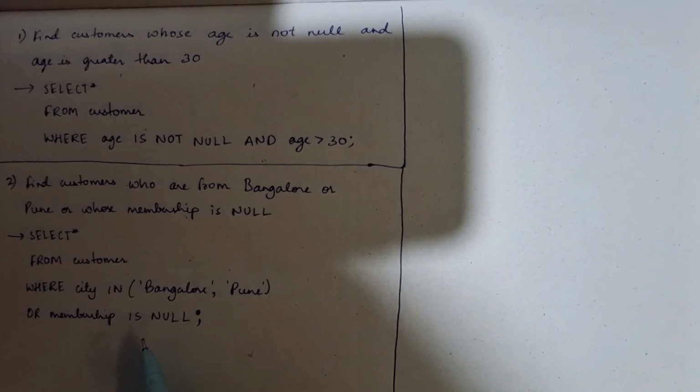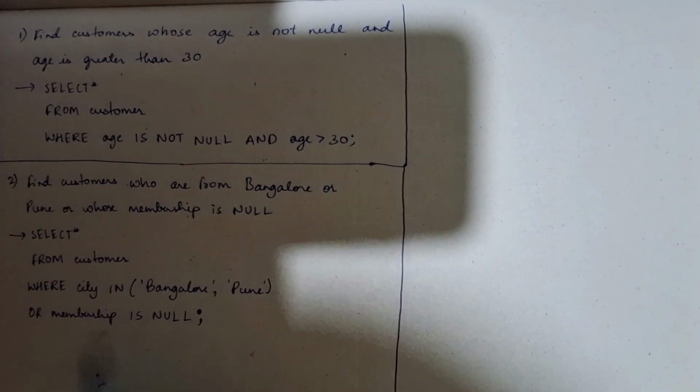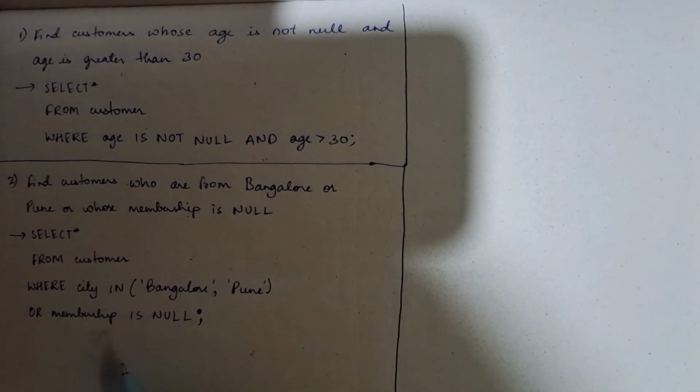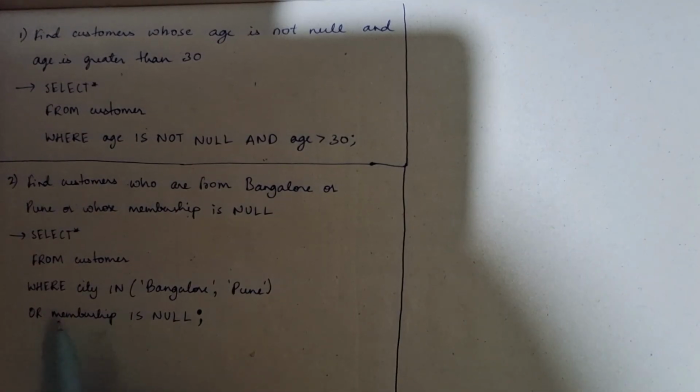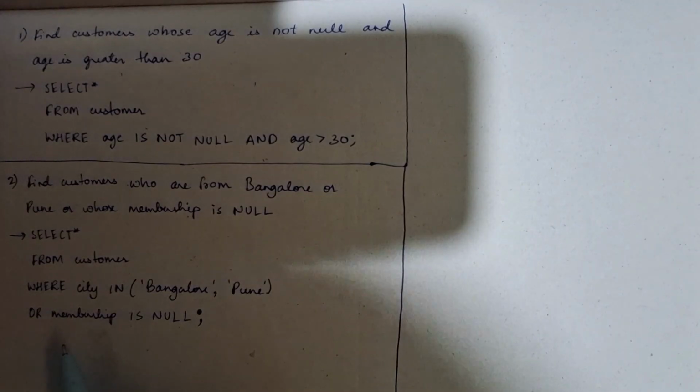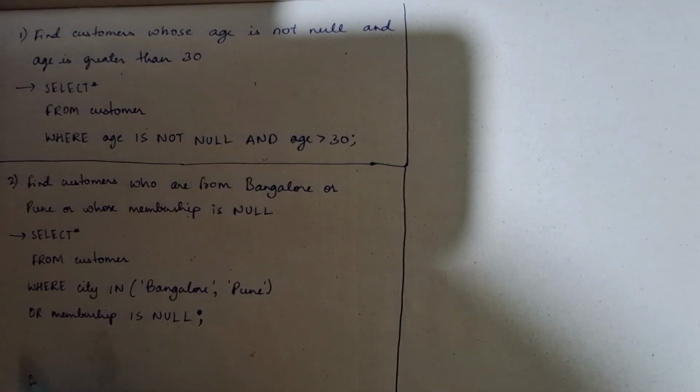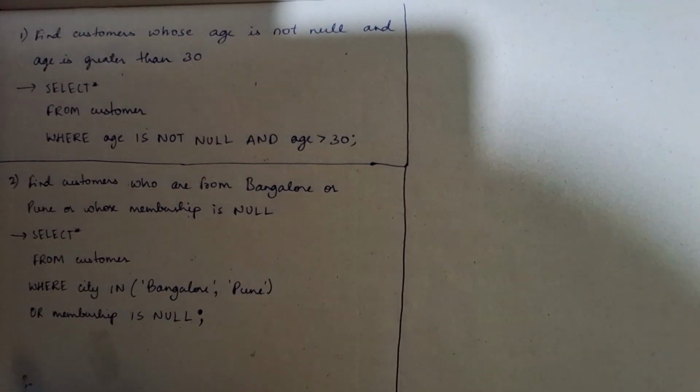Now look at the second condition. Membership is null. This means the customer does not have any membership. That is, membership value is missing. Between these two conditions, we are using OR operator. OR means if any one condition is true, the record will be selected. So finally, this query will show customers who are from Bangalore or Pune or who do not have any membership.